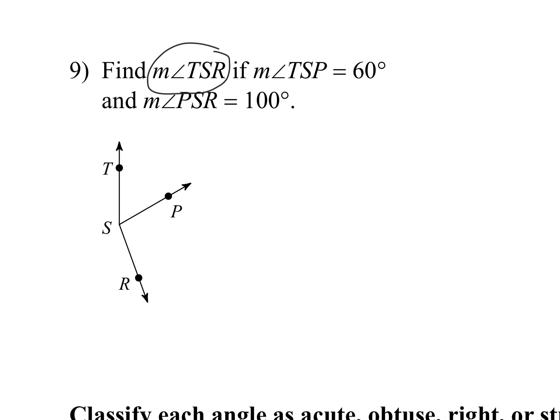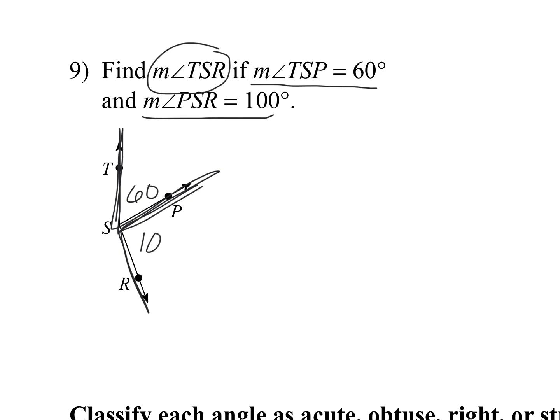It gives us measure of TSP is 60. TSP is right here, right? This is TSP. Put 60 in there. And then it tells us measure of PSR is 100. That's right here. Right? So we're looking for, what did we circle? TSR. That's this whole angle.